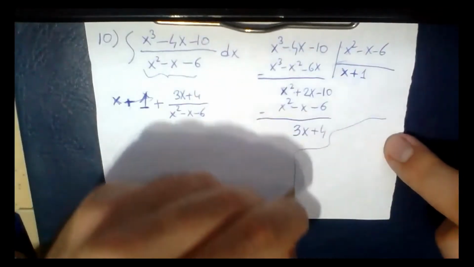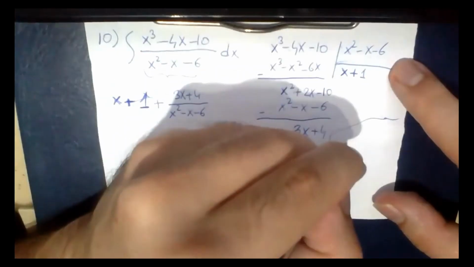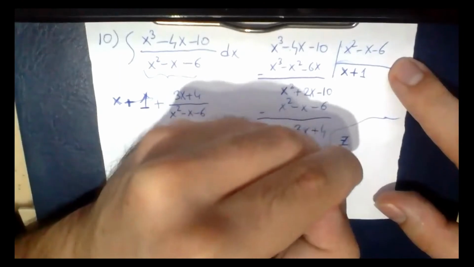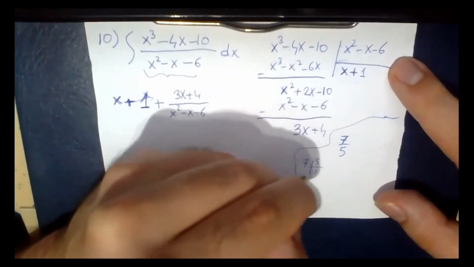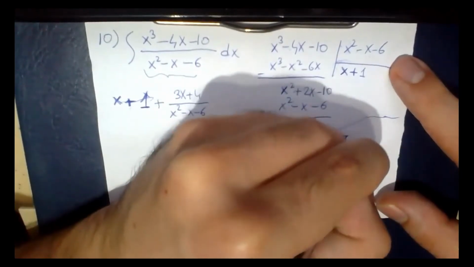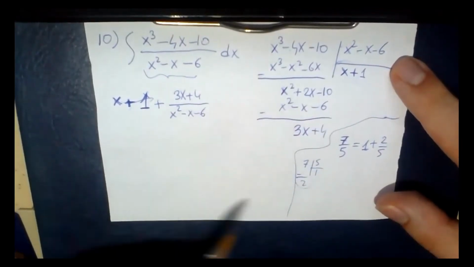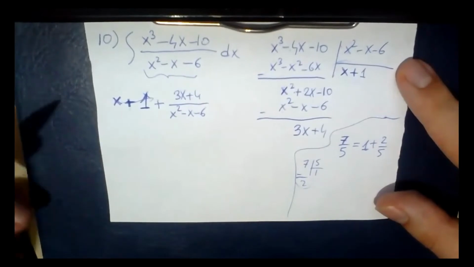The algebra we are making with polynomials here is symmetric to that one. In elementary school, instead of 7 over 5, by dividing it, we can write it as 1 plus 2 over 5.